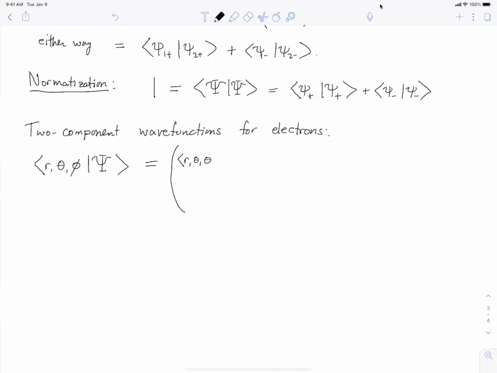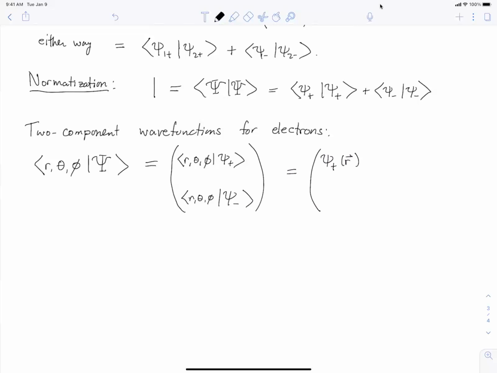We just take the inner product of psi plus in the upper entry and psi minus. Oops, this should have been a phi. Psi minus in the lower entry. And so each one of those is separately a wave function. So there's a psi plus part, which depends on position.